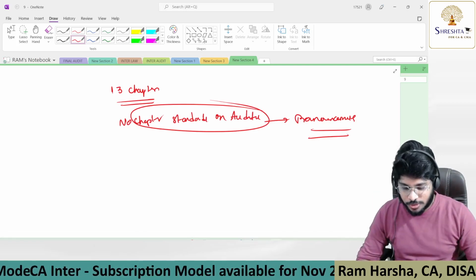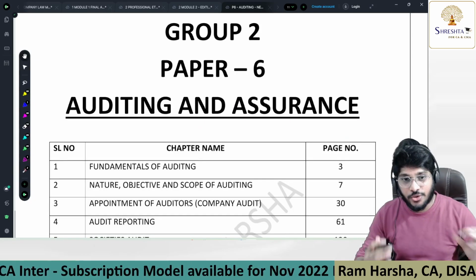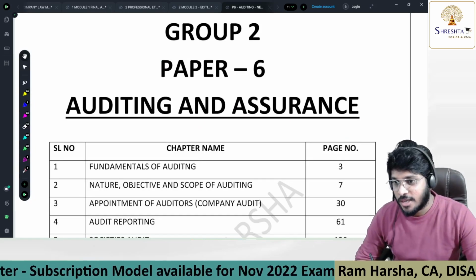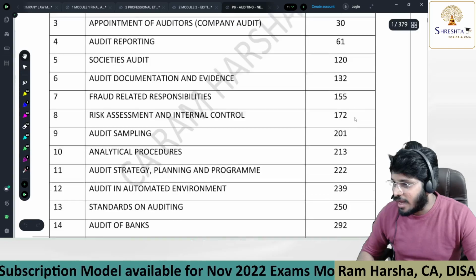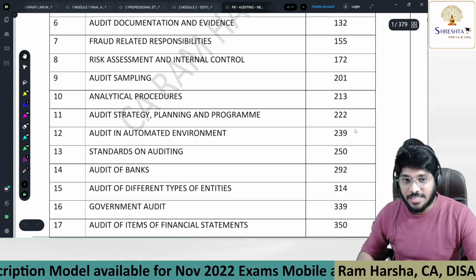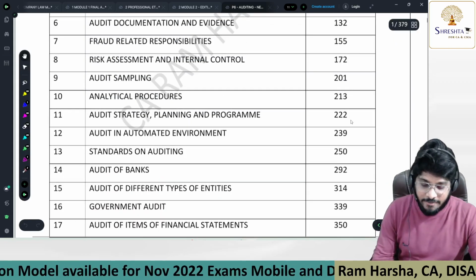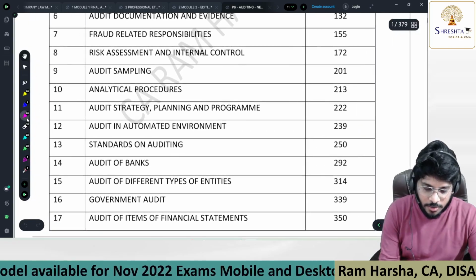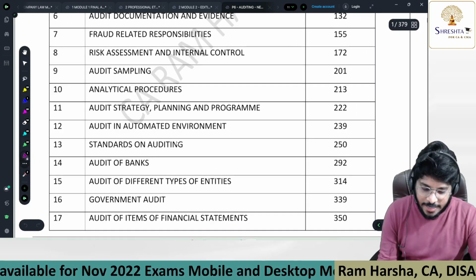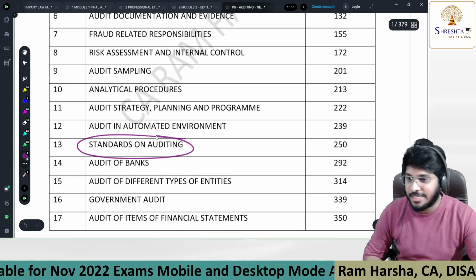Now coming to the material which is well used by many students. As per my material, I divided the chapters into 17. For you, I even gave an additional chapter, specifically adding a chapter on standards separately.